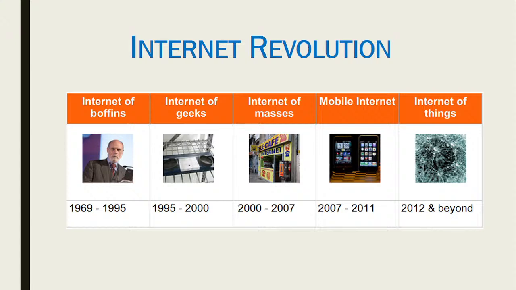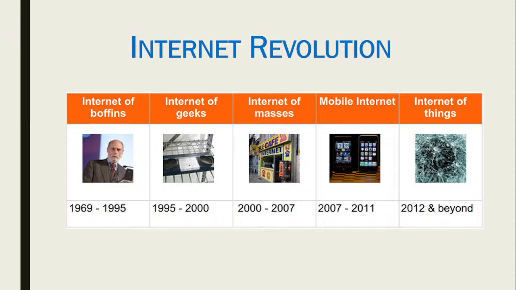This is because of some factors that played in the background. We'll discuss what these factors are, why the internet became so popular, and how Internet of Things came into existence. We'll start with the first era, the Internet of Boffins.